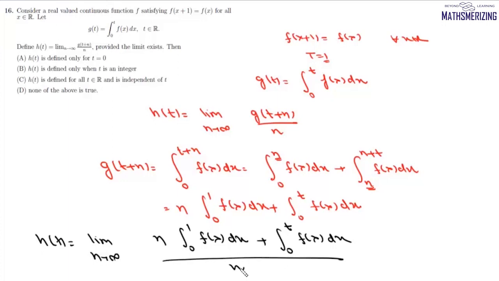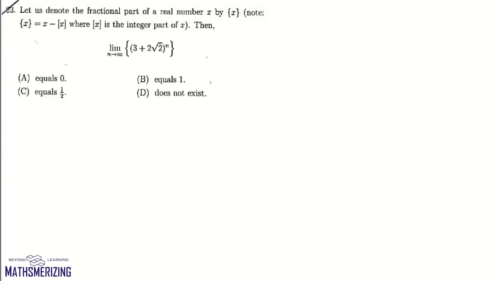This n and n will cancel, and 1 upon infinite will be 0. So this h(t) will be nothing but the integral from 0 to 1 of f(x) dx, which is a constant function. So this h(t) is defined for all t belongs to R, and it is independent of t, and that's option C.